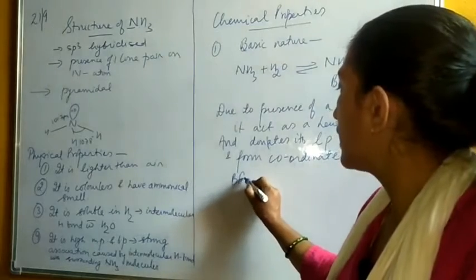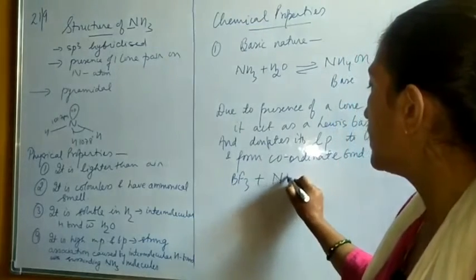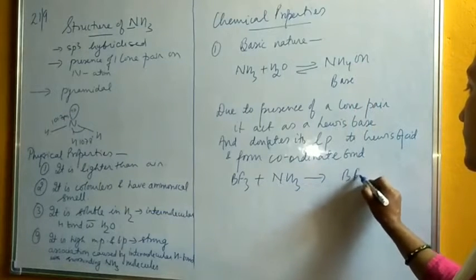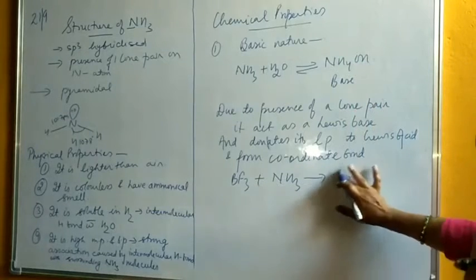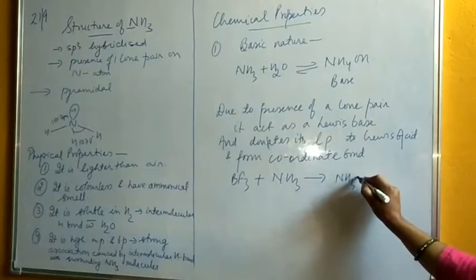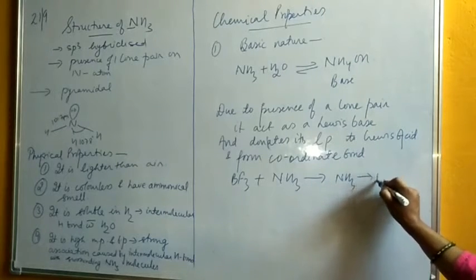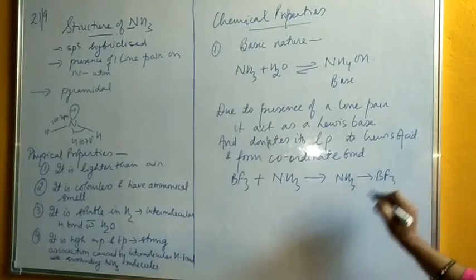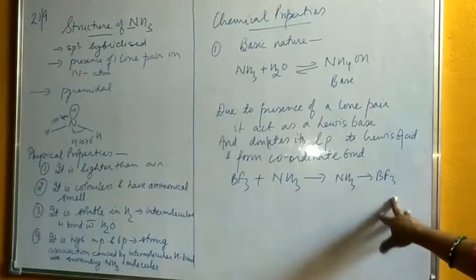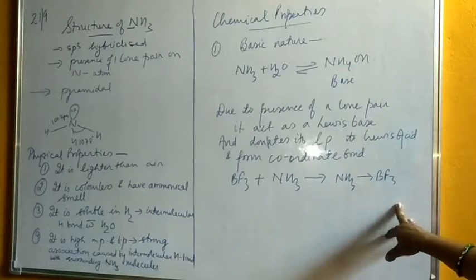So if BF3, boron trifluoride, reacts with ammonia, a coordinate bond is formed, where we can show it in this way, that nitrogen is giving its electron pair, its lone pair, to the boron trifluoride, which is an electron deficient species, right students?